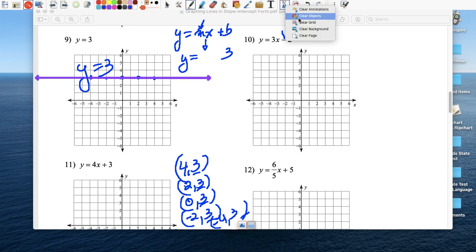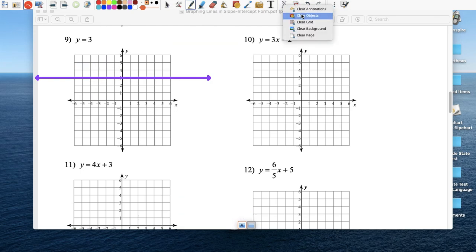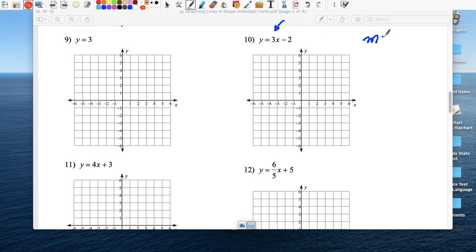3x minus 2. So my slope is 3 over 1. My y-intercept is -2. So let's start with that. -2 is right here.